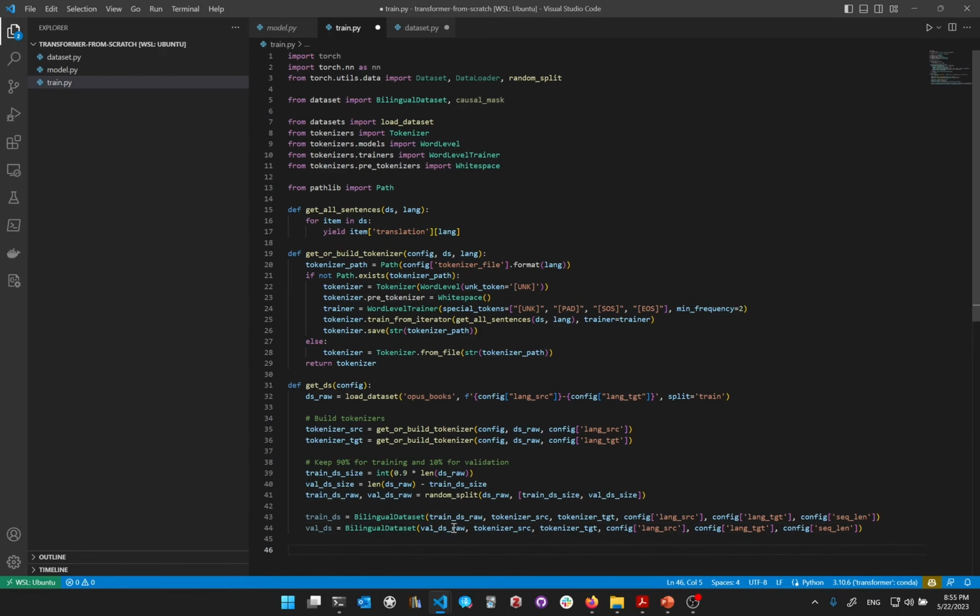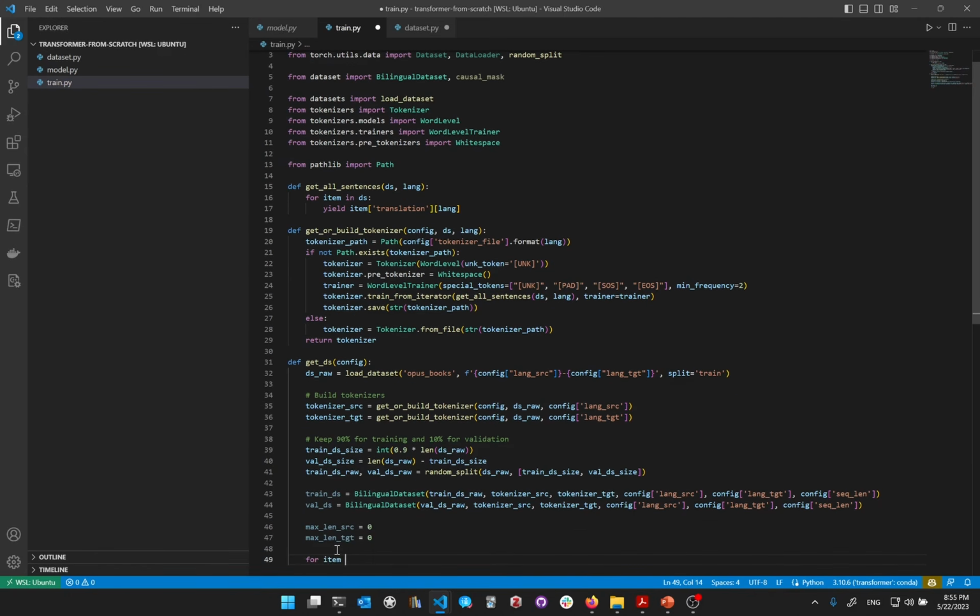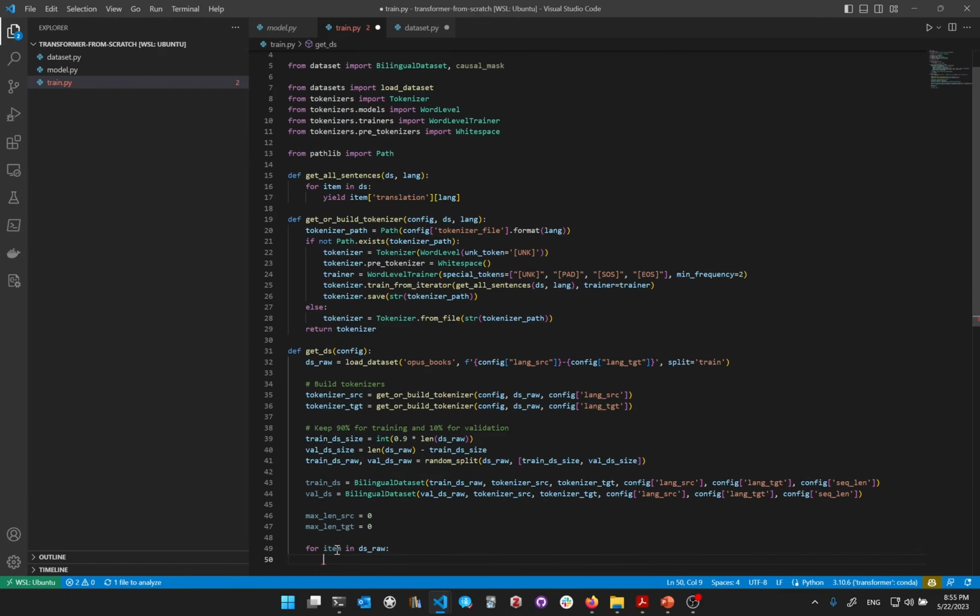Just for choosing the max sequence length, we also want to watch what is the maximum length of each sentence in the source and the target for each of the two splits that we created here, so that if we choose a very small sequence length, we will know. Basically, I load each sentence from each language, from the source and the target language.